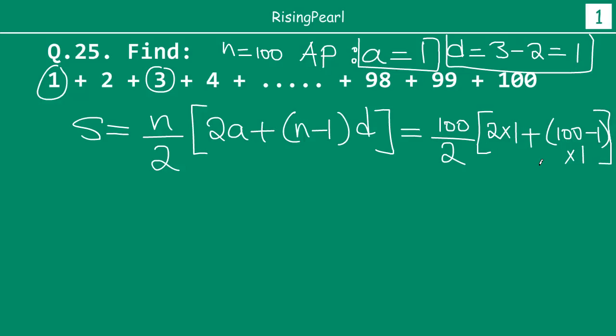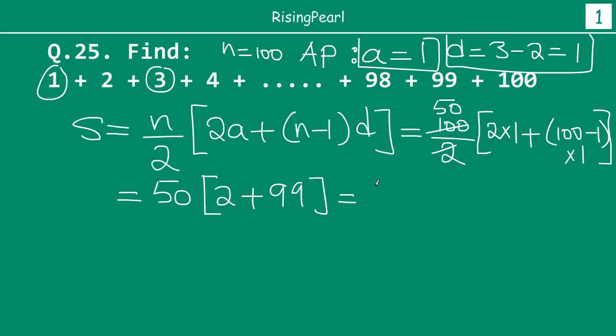Let's see this value. 2 fives are 10, so we will have 50 times, what do we have here? We have 2 ones are 2, plus 100 minus 1 is 99. So this will be 50 times 101.